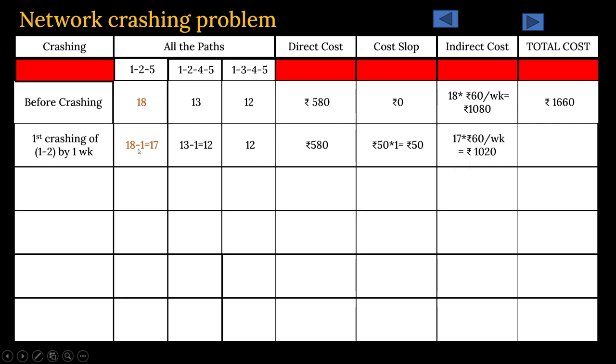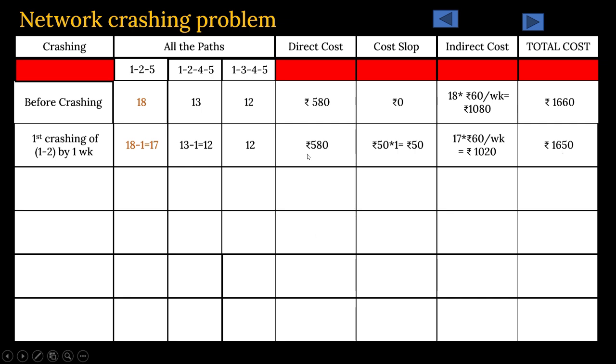Now your project duration is 17 days. Every week you require 60 rupees as your indirect cost. So 17 multiplied by 60 is 1020. So what will be your total cost if you add these direct cost plus cost slope plus indirect cost? It will come down to 1650.